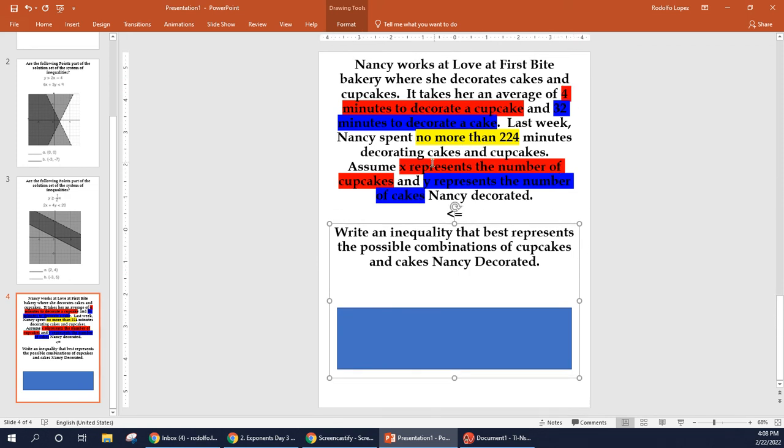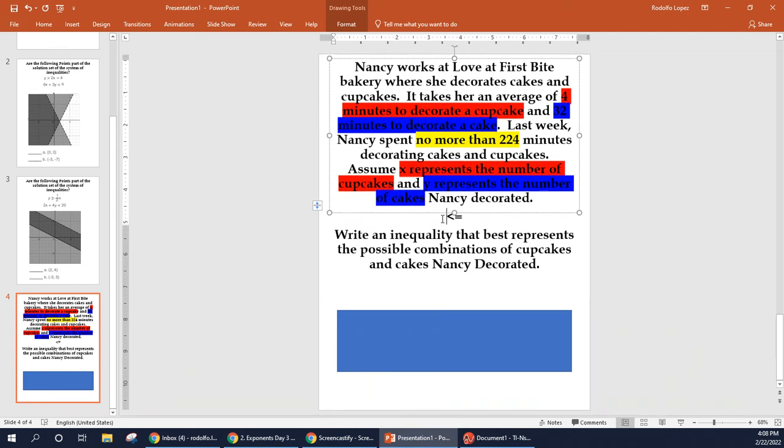We have 4x for the cupcakes plus 32y for the cakes, and we want to spend less than or equal to 224.